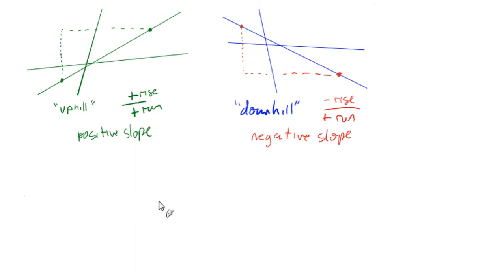A slope that is, what would we call this? Flat or horizontal. A horizontal line. So we pick a point here and a point here, and we'll do the rise over the run. So this is horizontal.